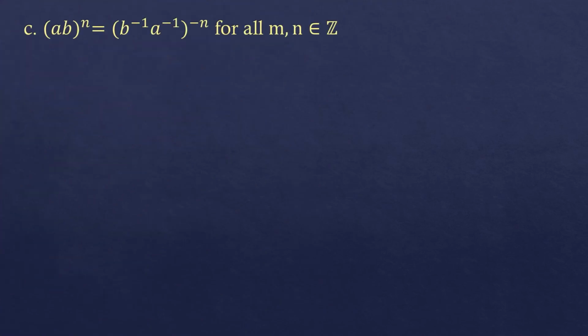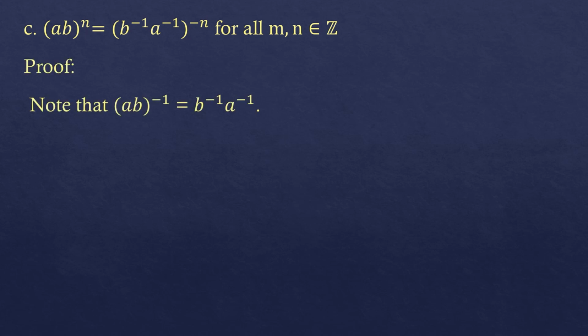Now for letter C, this will be just a short proof. ab to the power of n is equal to b to the negative 1, or the inverse of b, times the inverse of a, to the negative n, for all m, n element of the set of integers. So here's the proof.